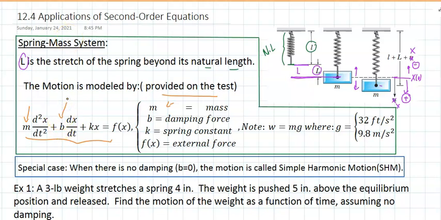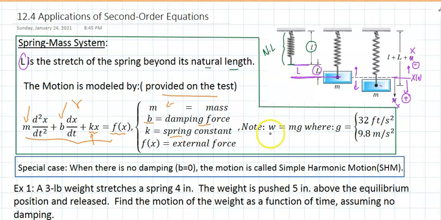This B, this book calls it B, most books call it lambda. It's the damping force. And this is the spring constant K, from Hooke's law. And f of x is an external force. You need to know if there's an external force added to the system or not.